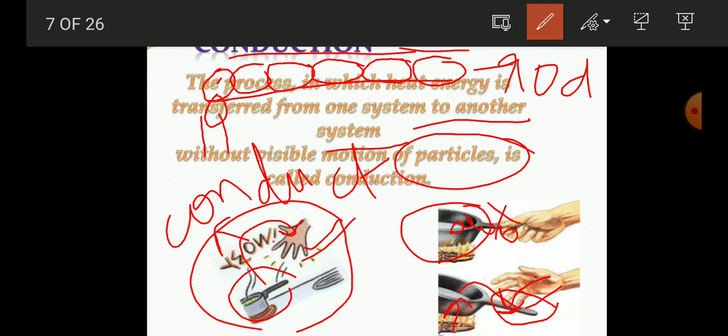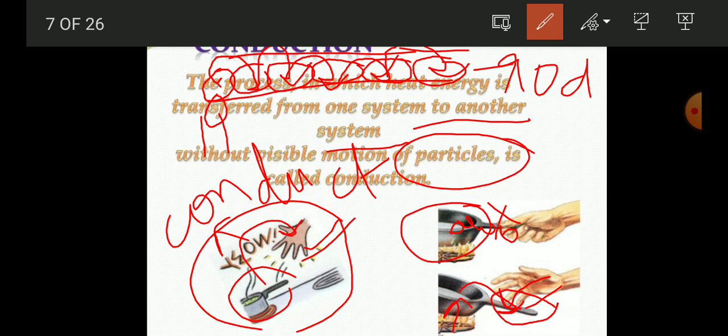This atom gets heated and transfers its heat energy to the nearby atom, and this nearby atom transfers its heat to the second atom. In that way you can see the transfer of heat is possible. No molecule is transferring here, only the heat is transferred, no movement of particles takes place. This happens only in conduction.